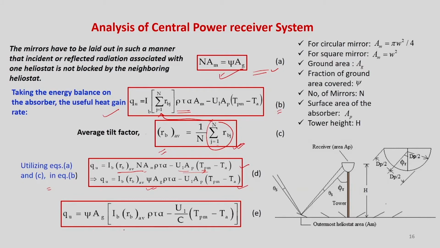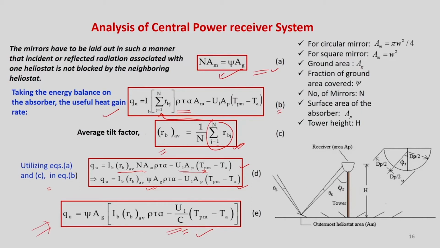So, our expression will be something like this if we define this concentration ratio. Okay. So, we need to define the concentration ratio now. Before we define it, let us see phi r also, how this phi r can be defined.